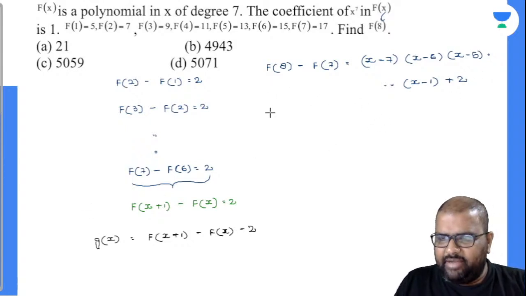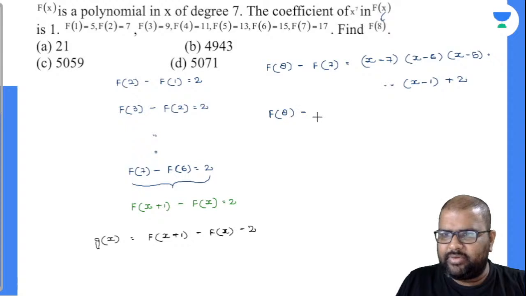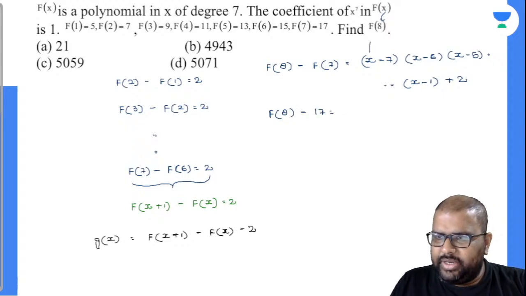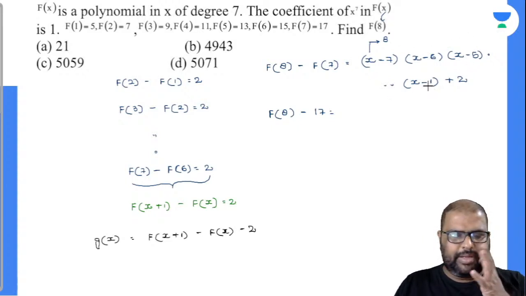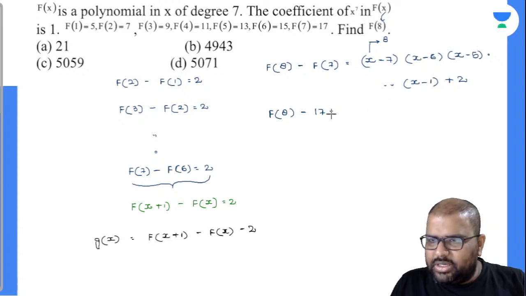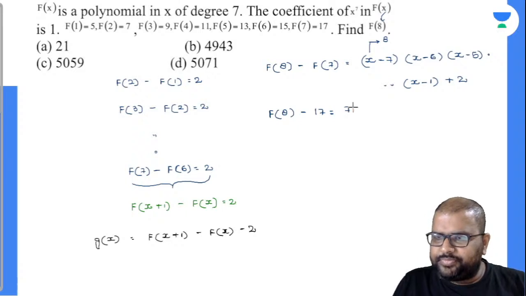So you have to find out the f of 8 value, and you know f of 7 value is equal to how much? 17. So see here, I have to substitute 8. 8 minus 7 is 1. Now 8 minus 6 is 2, then 3, 4, 5, 6. Finally how much will it become? 7, which is called 7 factorial, plus 2.